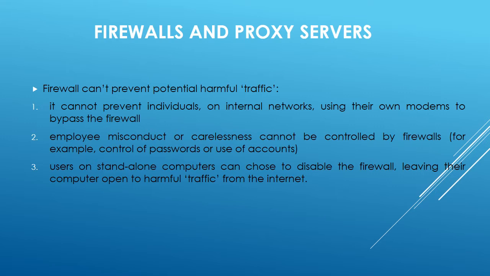Number three, users on standalone computers can choose to disable the firewall, leaving their computer open to harmful traffic from the internet. All of these issues require management control or personal control on a single computer to ensure that the firewall is allowed to do its job effectively.